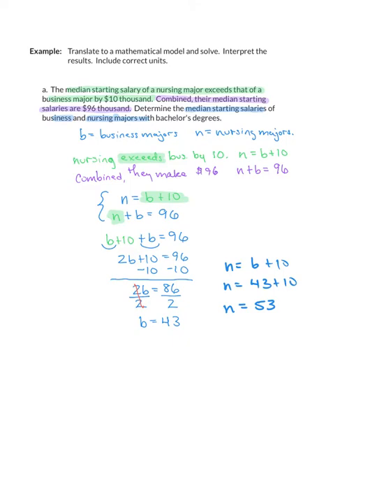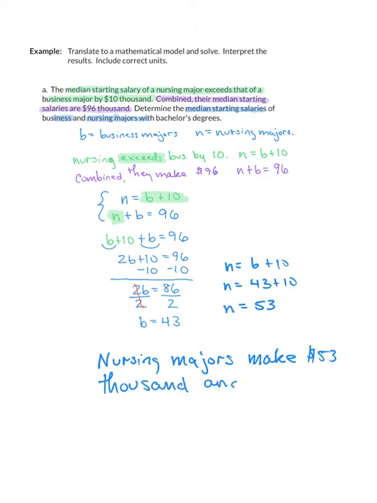So we can go ahead and say that nursing majors make 53,000, since n was 53, and business majors make 43,000.